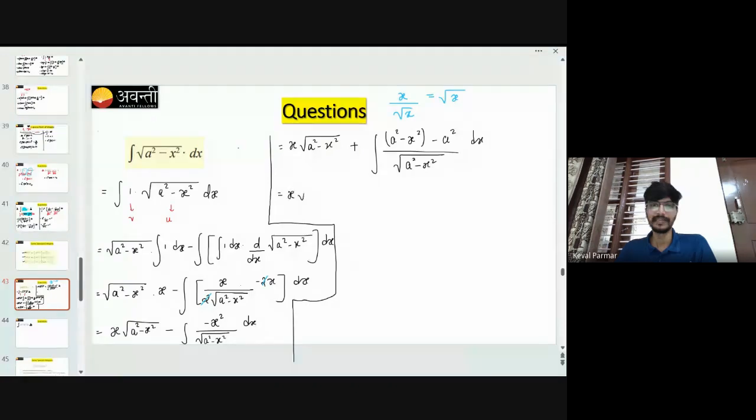So I'll get x under root of a square minus x square plus, according to this logic, under root of a square minus x square dx after splitting, minus integration of a square upon under root of a square minus x square dx.